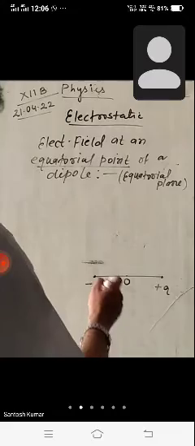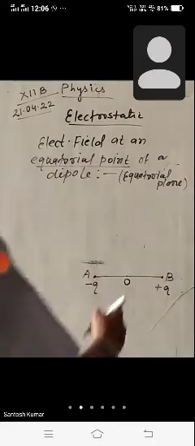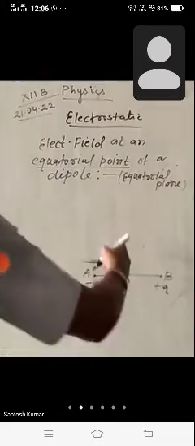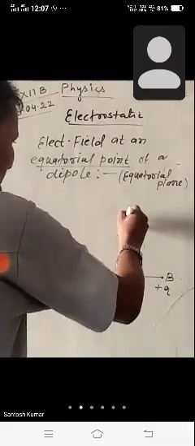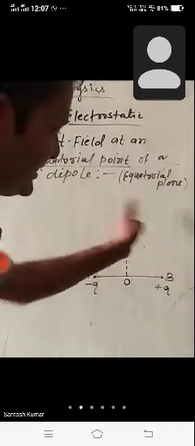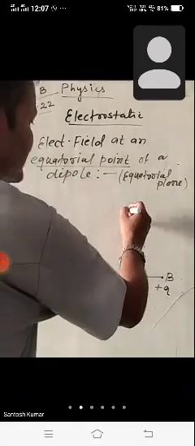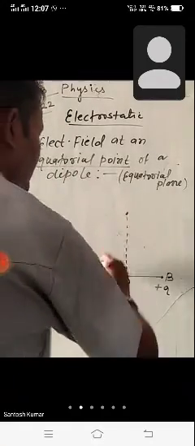We will give the names point A and point B, where charges minus q and plus q are situated. O is the midpoint. So along this line, in the plane, we have to show, at this particular point.